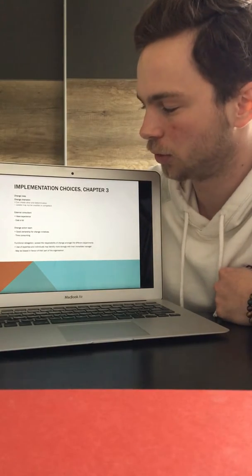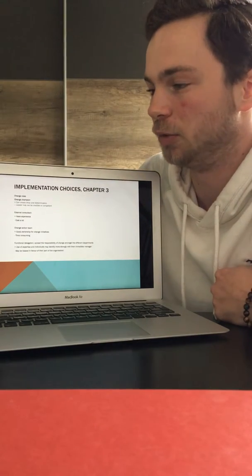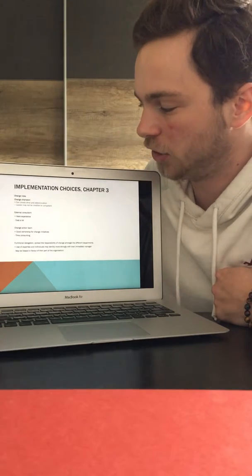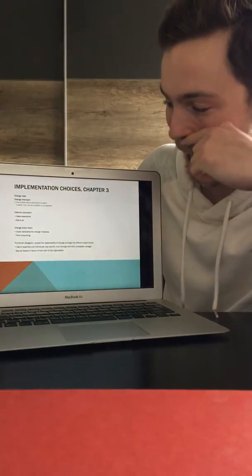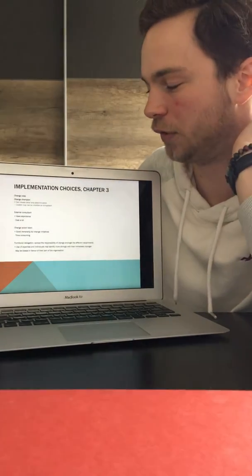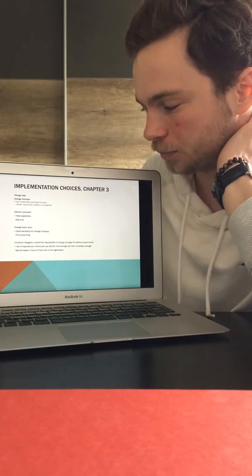Then we have the external consultant, which is someone from the outside that will take control of the change and the implementation. The pro being that the external consultant has experience in this field, but the con is that it costs a lot of money.